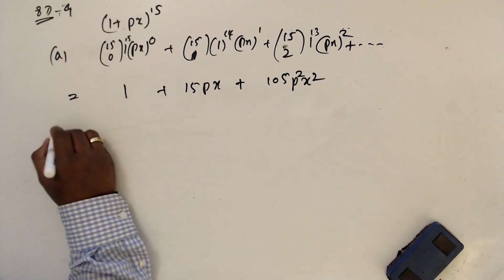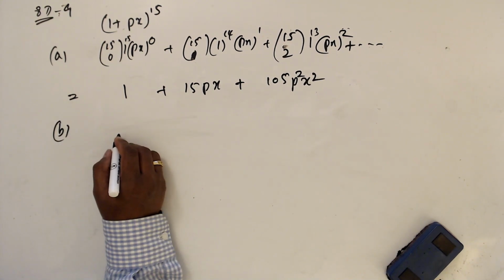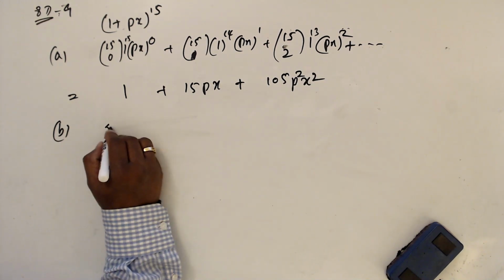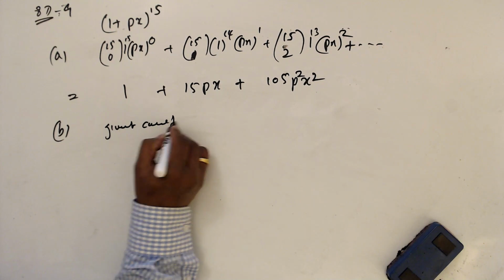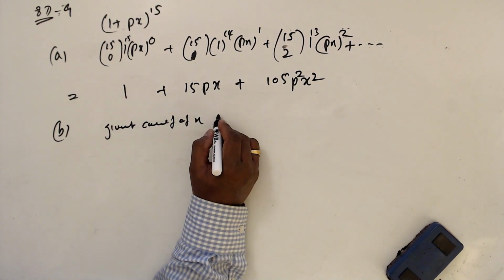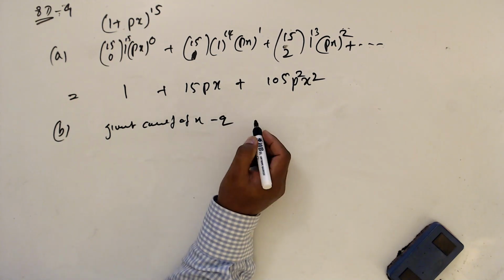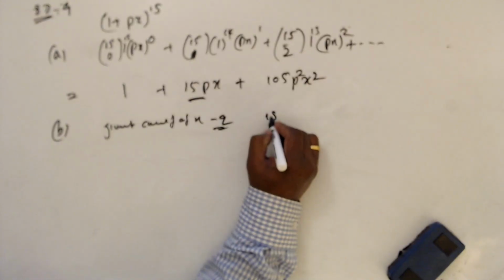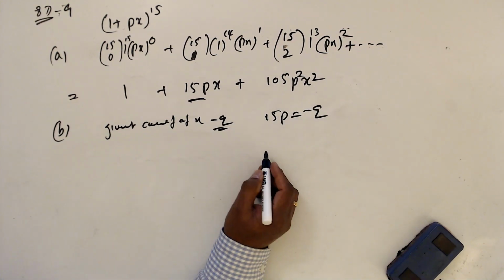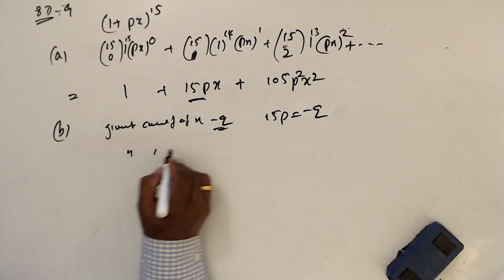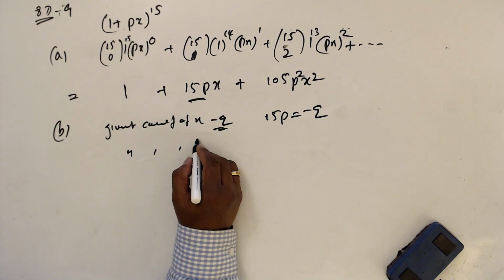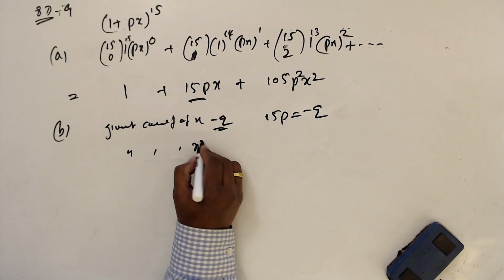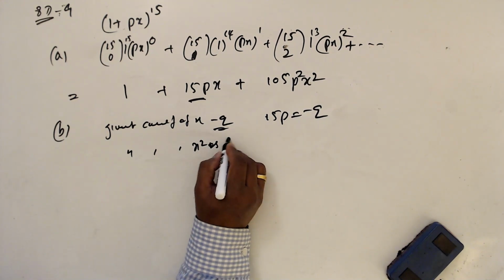So this is part A. Part B is, given that the coefficient of x is minus q, it means 15p equals minus q, and the coefficient of x square is 5q.